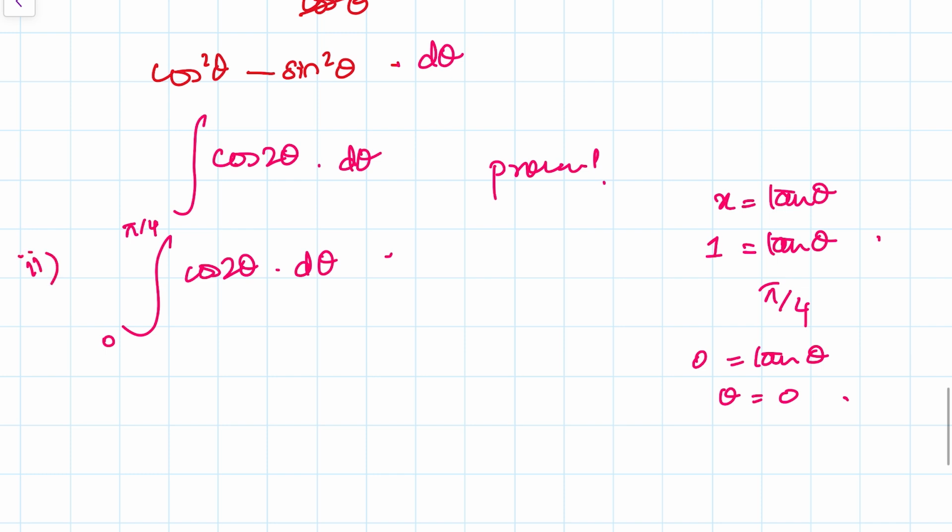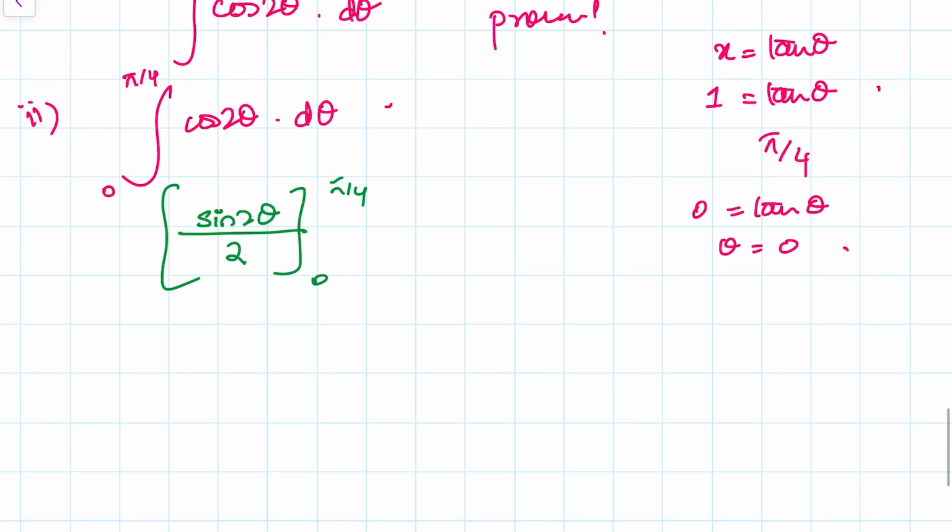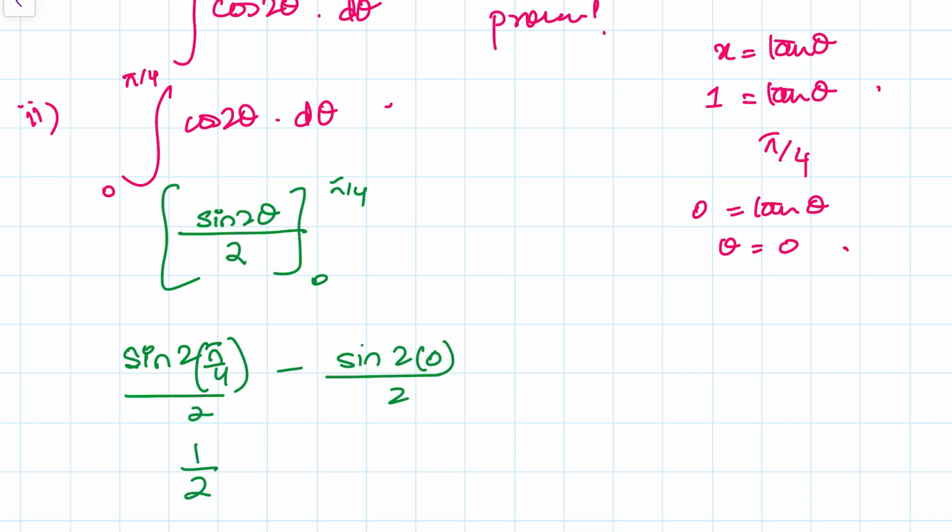How do we integrate cos? Cos integral is sine 2 theta divided by the differential of the angle. Very easy, just put in the limits. Sine 2 pi by 4 is 1 upon 2. This is 1 upon 2. This is 0. So this is going to be my answer.